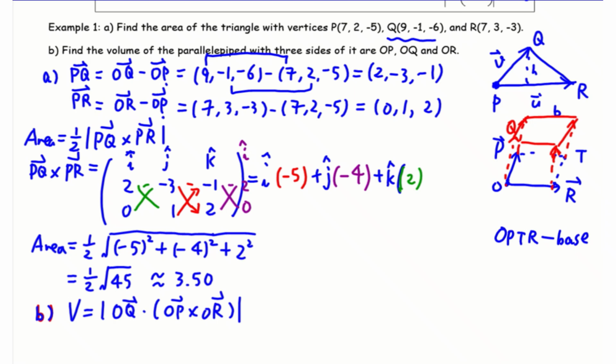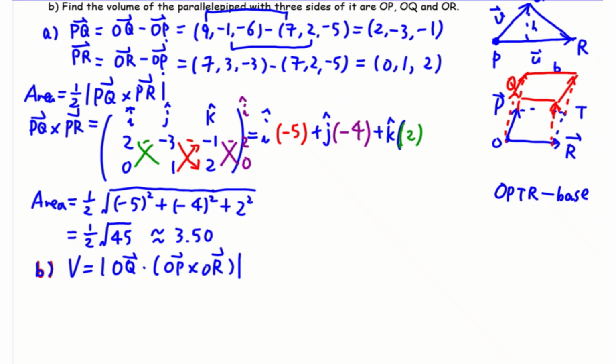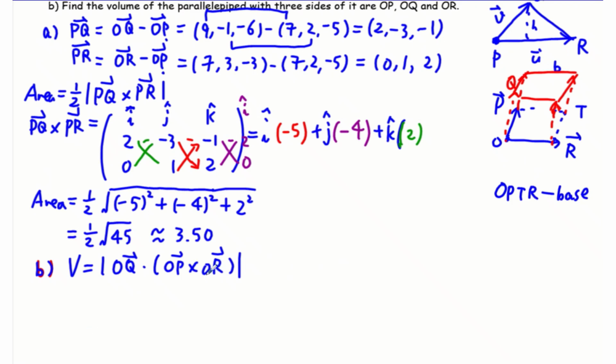This is not related to the triangle, it's different. So from here, the first thing we need to find is OP cross product with OR.